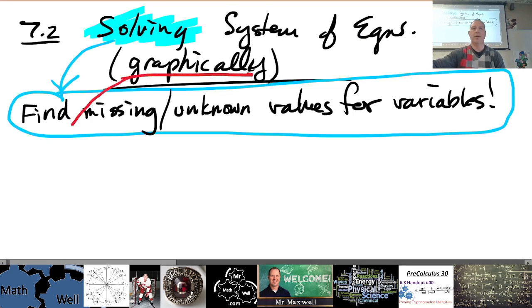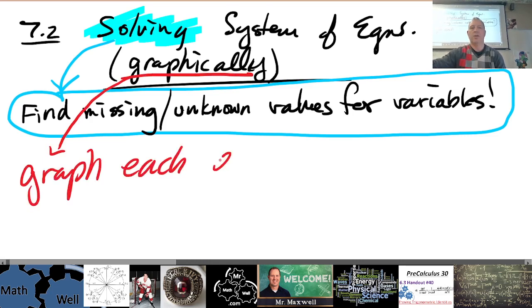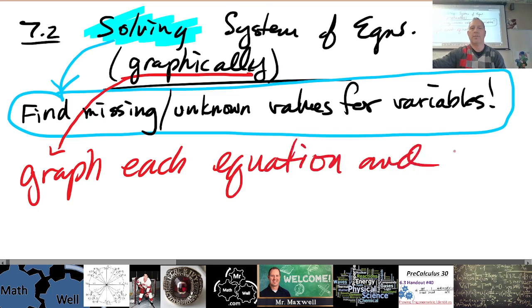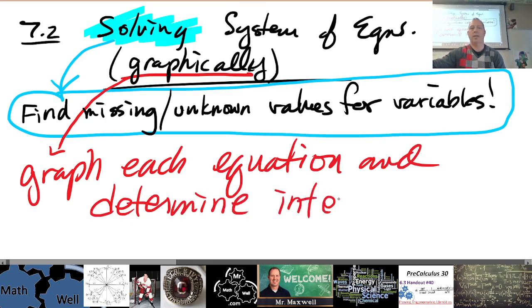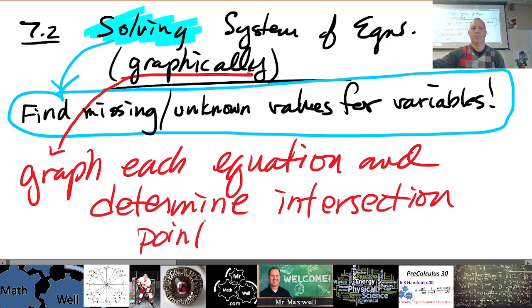Well, graphically: graph each equation and determine the intersection point.